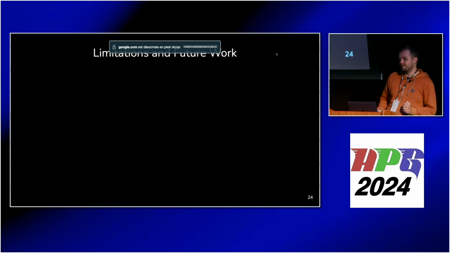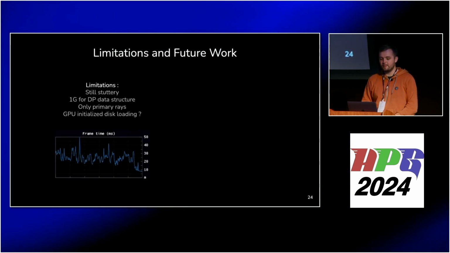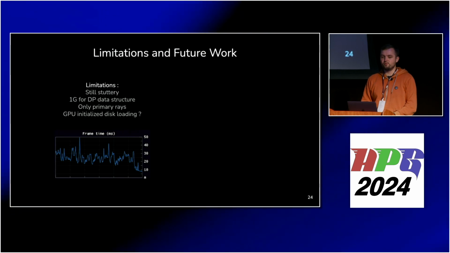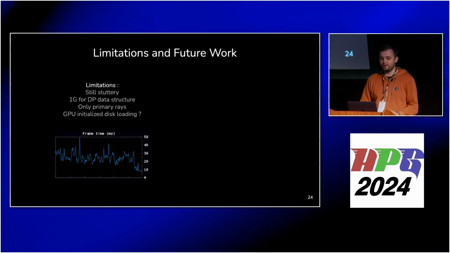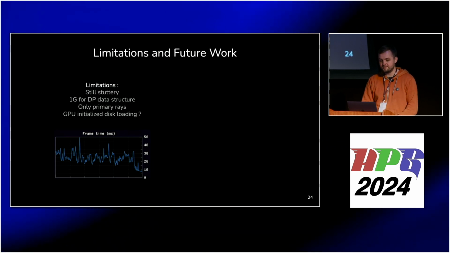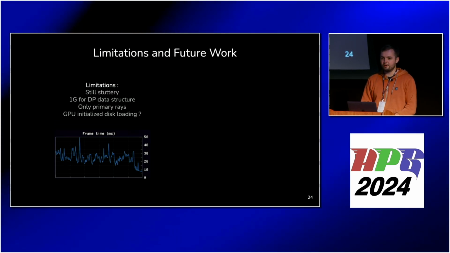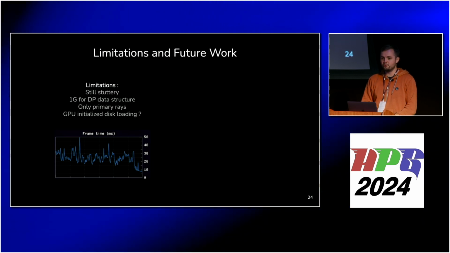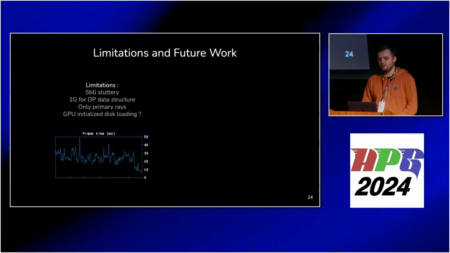So the conclusion, limitations and future work. For limitations, we were able to greatly reduce the frame time, but it is still really inconsistent, which is not great, really spiky frame time, as you can see here. Also, we used CUDA for the dynamic parallelism, and it required a full gigabyte for its data structures, which is not great.